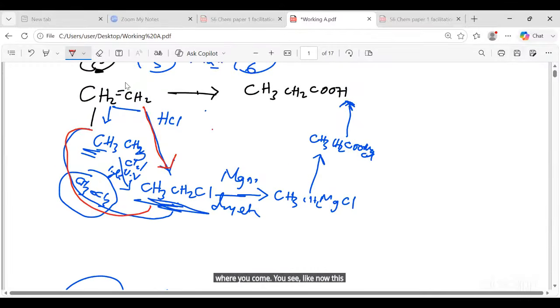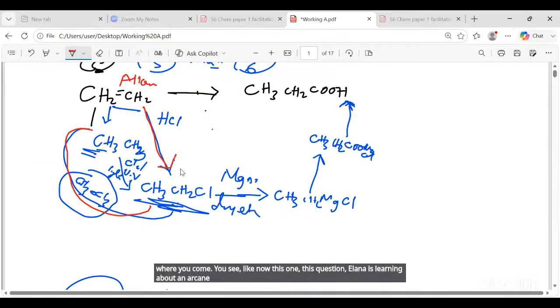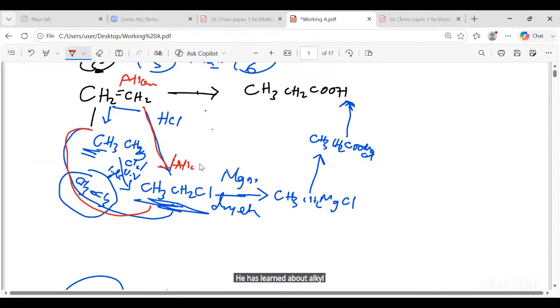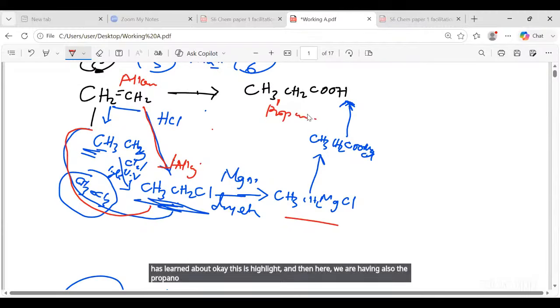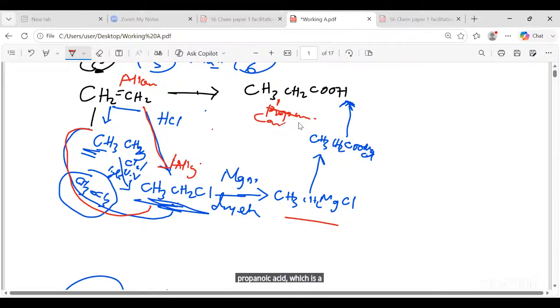In this question, a learner is learning about an alkene. He has learned about alkyl halides. This is still under alkyl halides. And then here we also have propanoic acid, which is a carboxylic acid. Then someone who passed here is having an alkene.